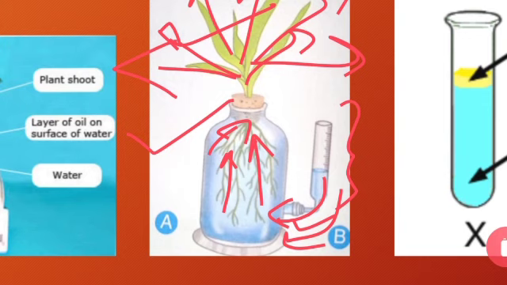The water from the graduated tube will slowly enter inside the jar. So here we can say there will be a difference in the level of the graduated tube before the experiment and after the experiment, which shows the uptake of water during the process.